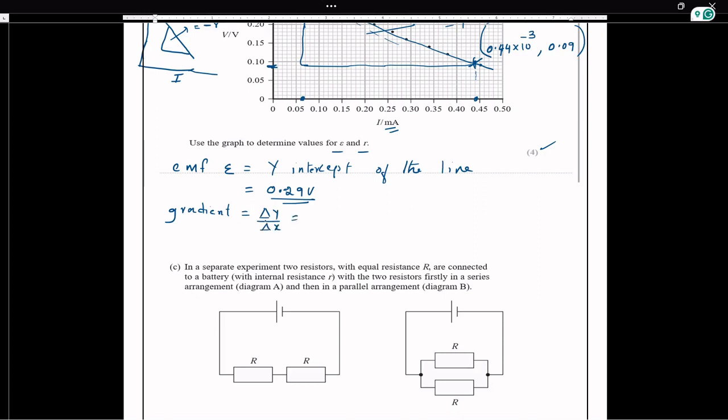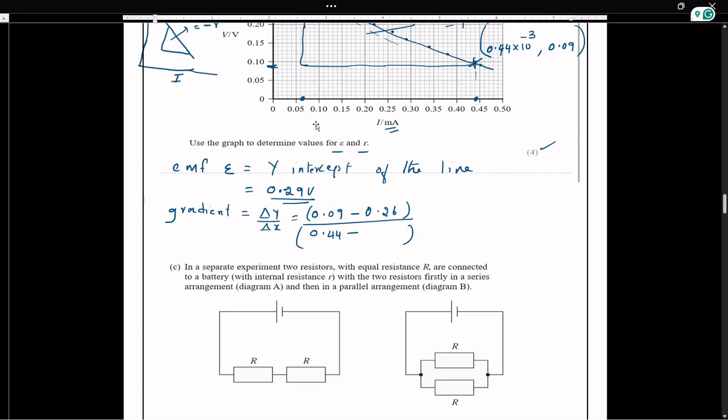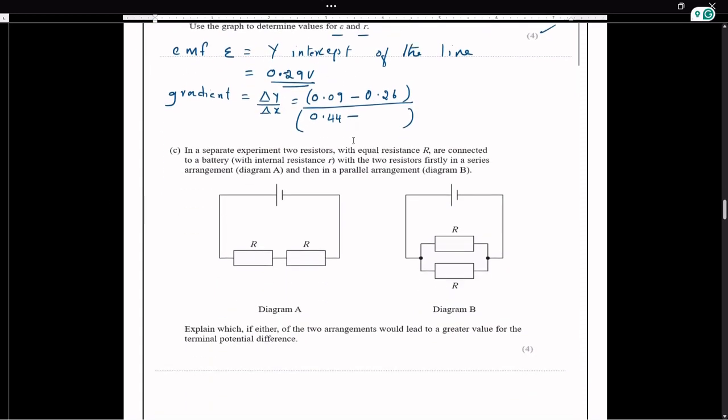That is the difference in the y components, it is 0.09 minus what is the y component, 0.26, over the x coordinates, 0.44 minus what is the current value here, 0.46.